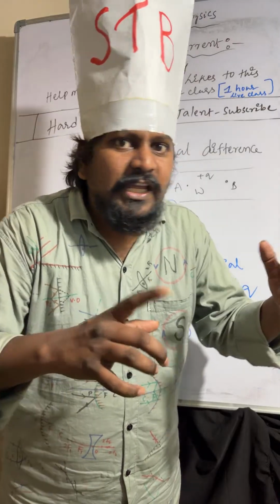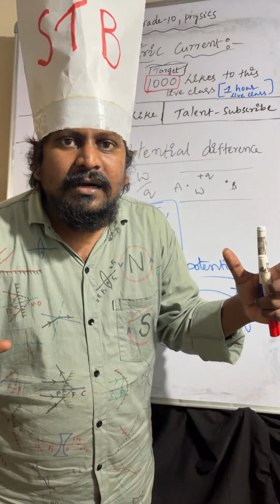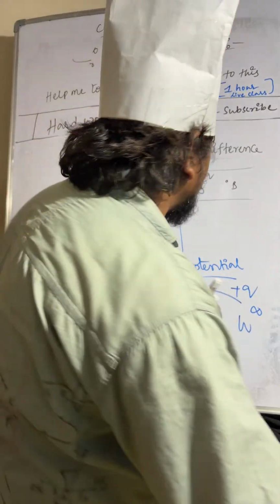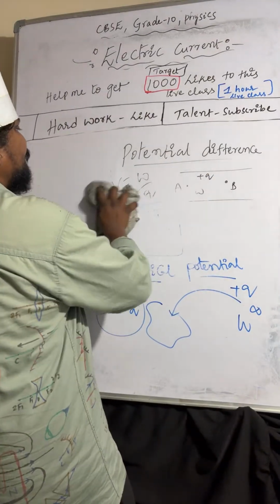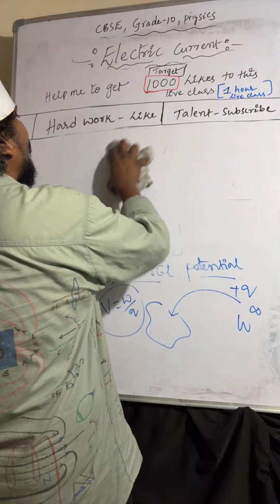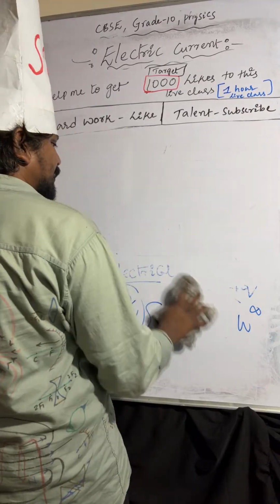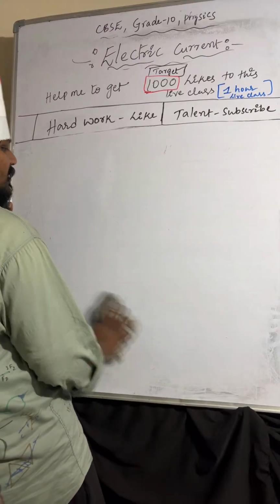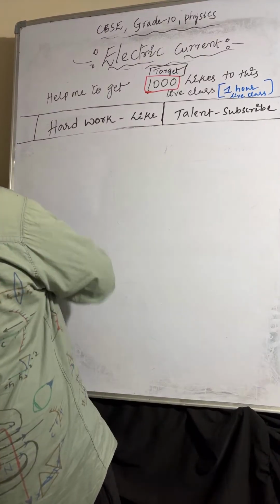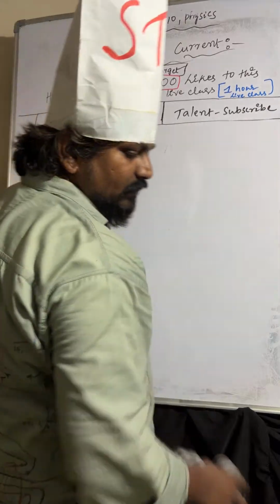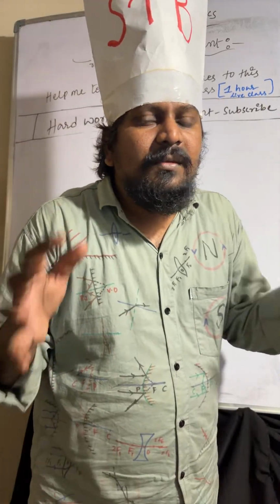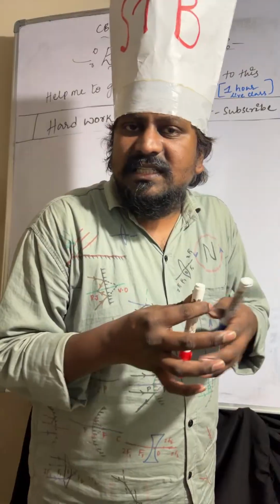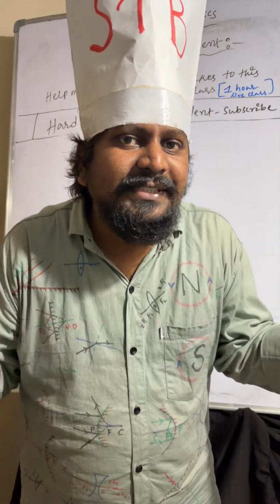Yes or no? V equal to IR. Right? So now we can see V equal to IR. So what are the materials required? We'll discuss now. How to do the activity?